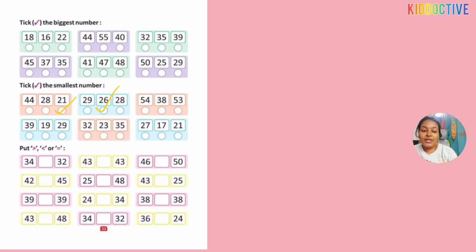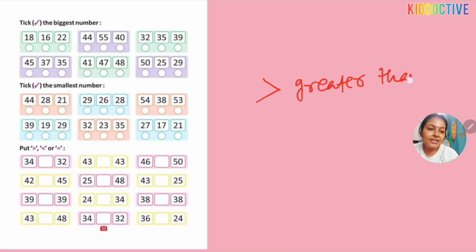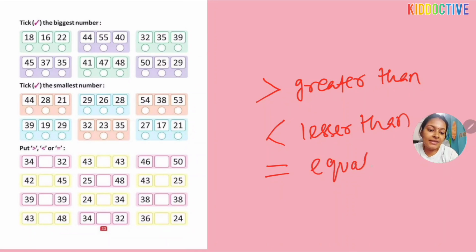Now when we are comparing, we use the greater than symbol. Okay? This is the greater than symbol and this is the lesser than symbol and this is the equal symbol. If the numbers are equal, we are going to place this symbol.